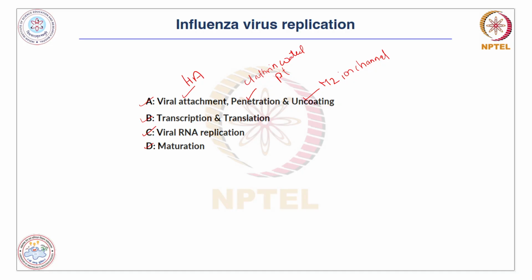So at the maturation stage, what will happen? The viral nucleoprotein complexes are exported from the nucleus with the help of the nuclear export protein, NEP. NEP is the nuclear export protein.